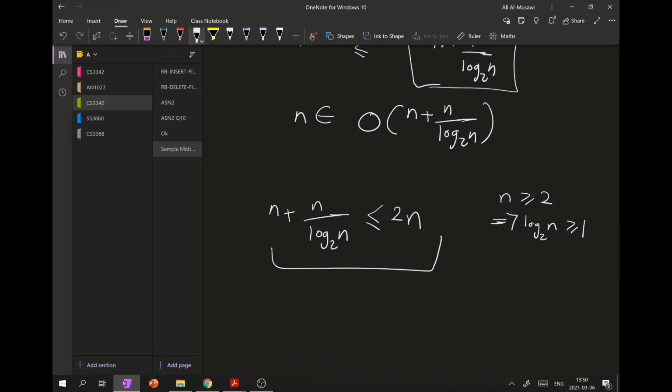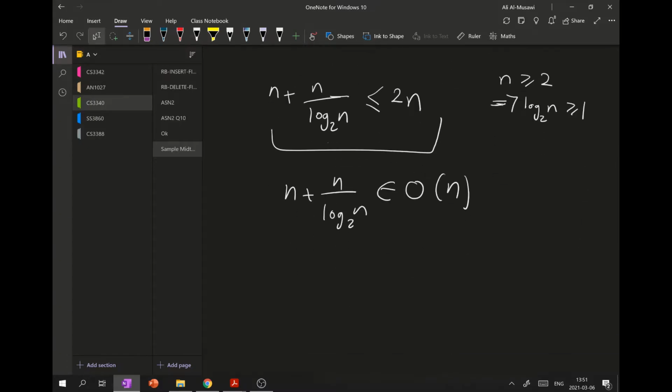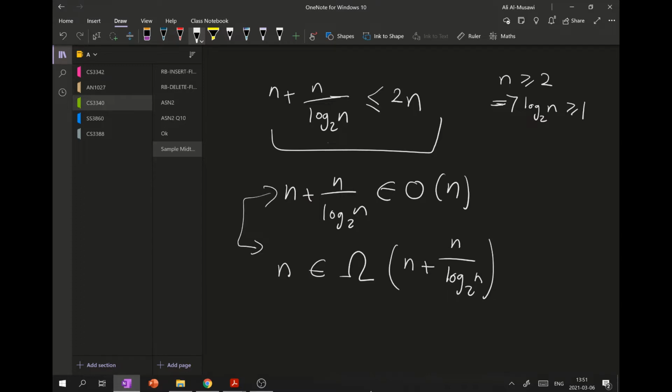That means n plus n over log 2n is in big O of n. Written equivalently, if we reverse the order, n is in big omega of n plus n over log 2n. These two are saying exactly the same thing; when you reverse the order, you replace the O with omega.